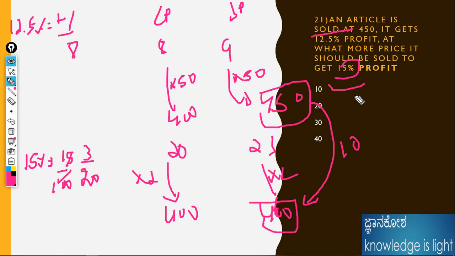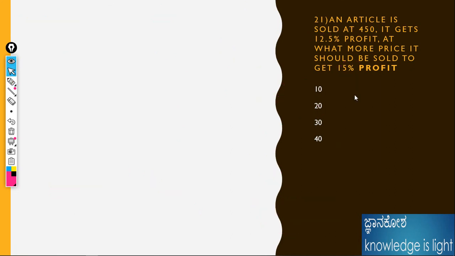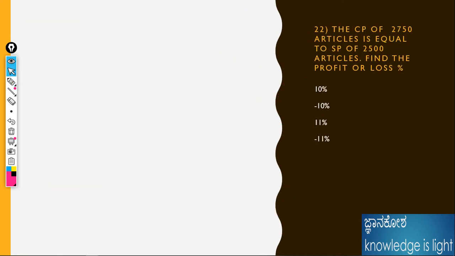Okay, next problem, one more problem. The CP of 2750 articles is equal to the SP of 2500 articles. Find the profit or loss percentage.